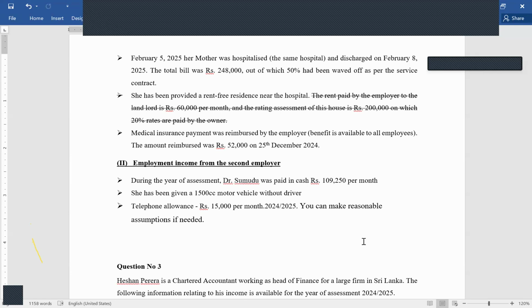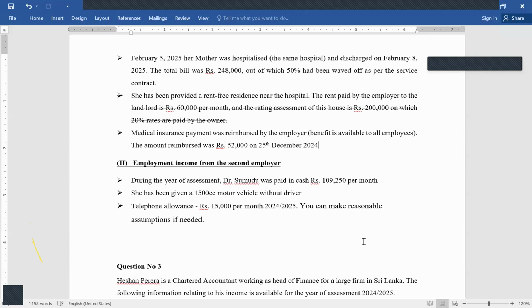The benefit is available to all employees, therefore, it is excluded. It is excluded. So we should not consider it for the benefit.